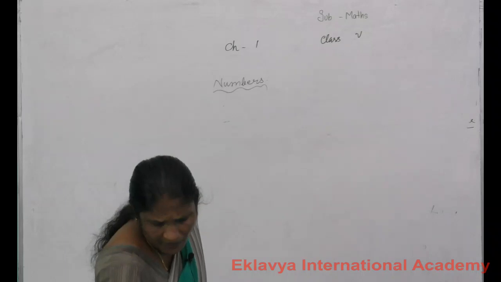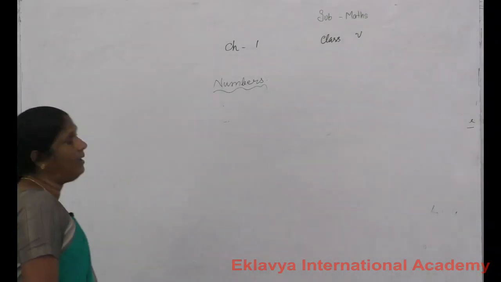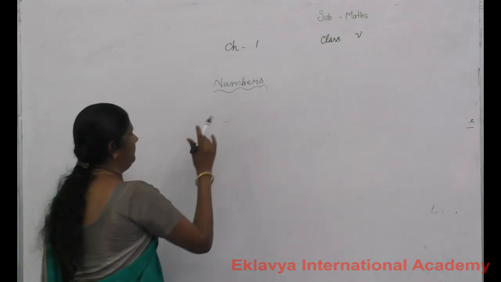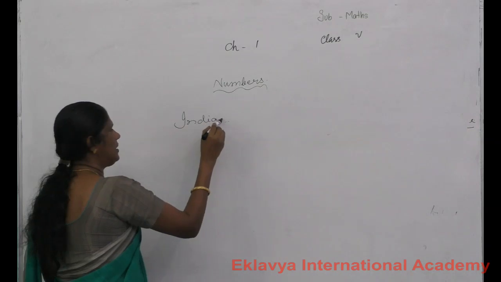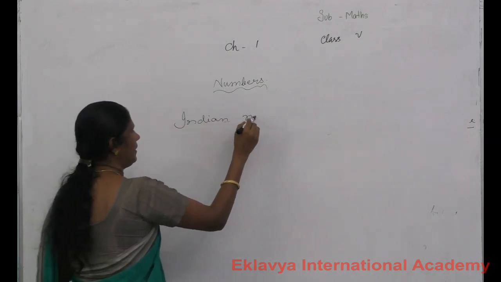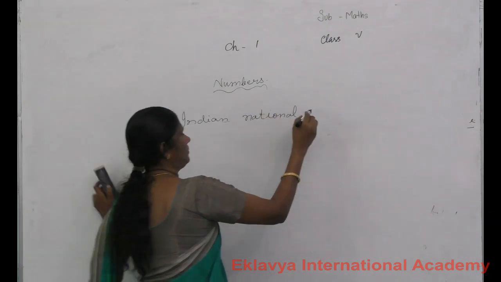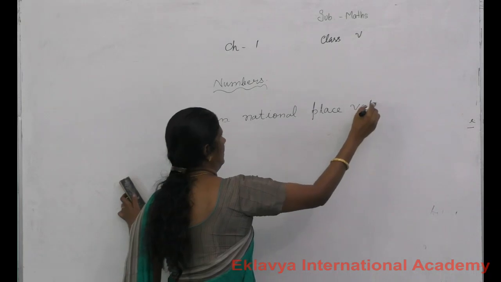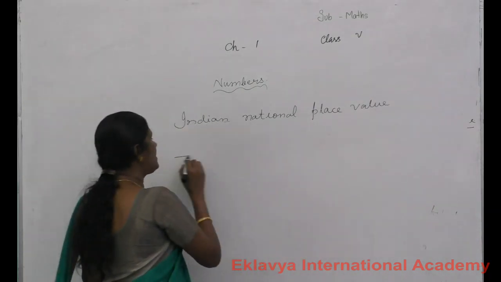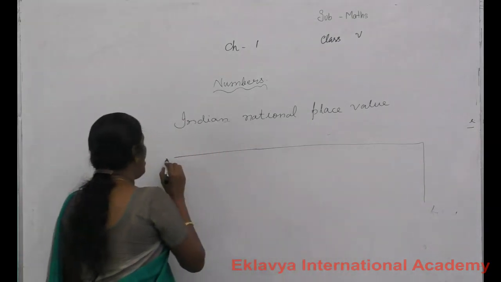Next, we study the International Place Value System and the Indian National Place Value System. In the International Place Value System, there are 4 periods.